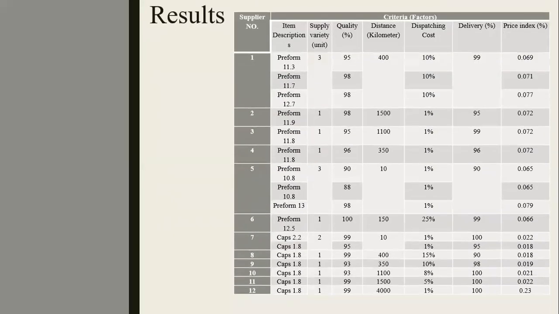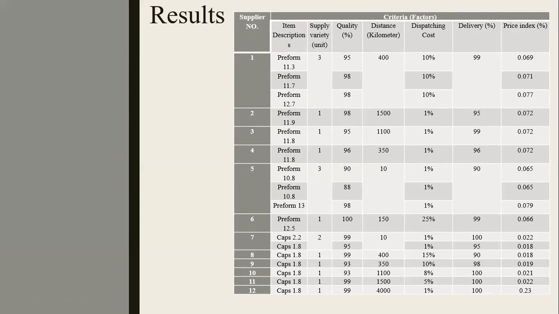Here are the results. The data which needs to be analyzed shows 12 different suppliers with 6 different factors: supply variety, quality, distance, dispatching cost, delivery, and price index.